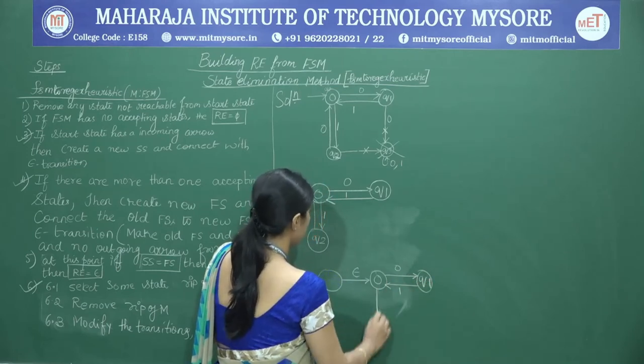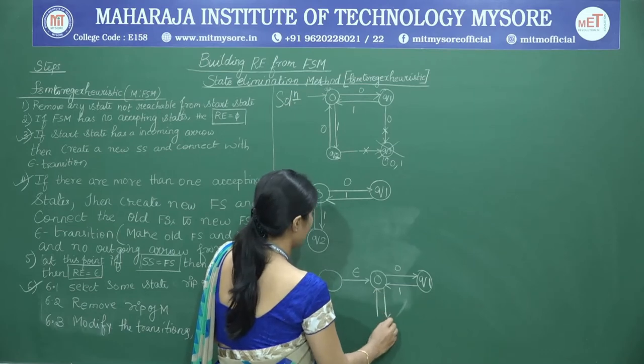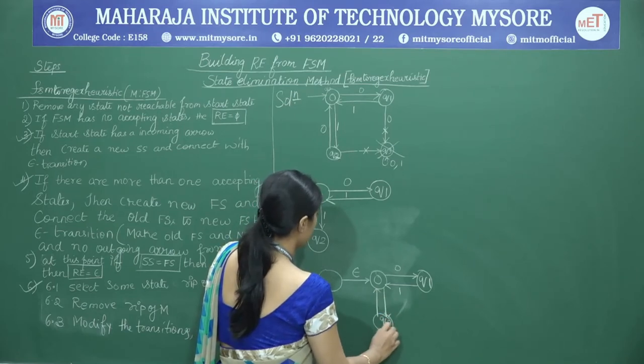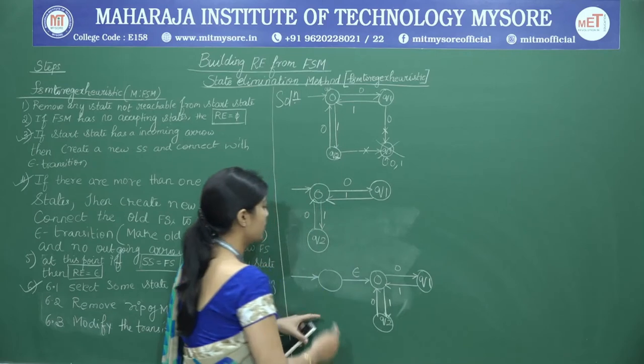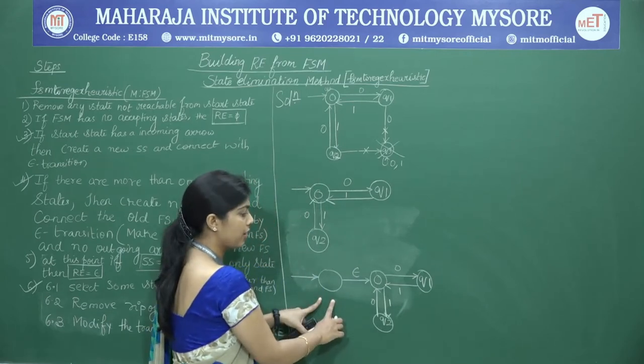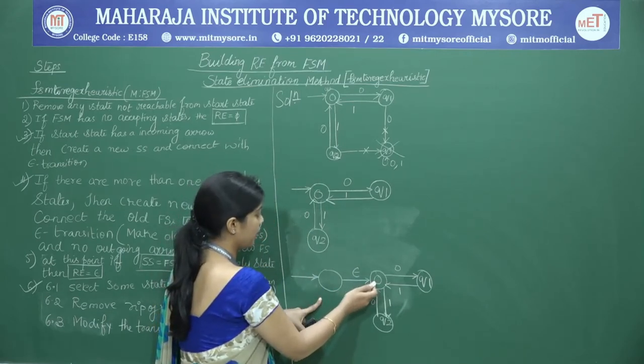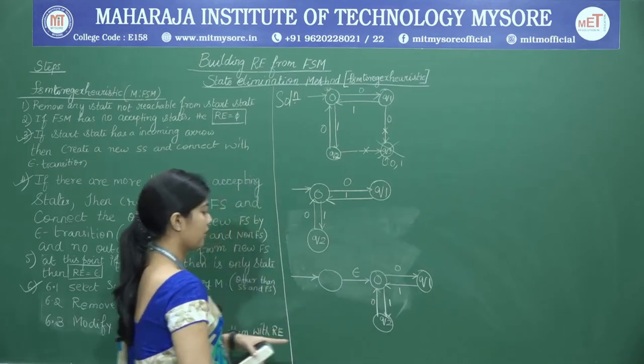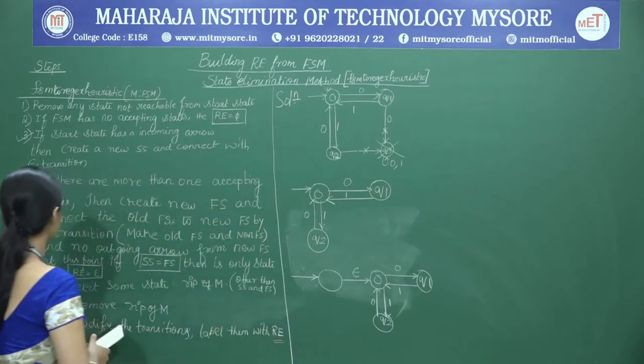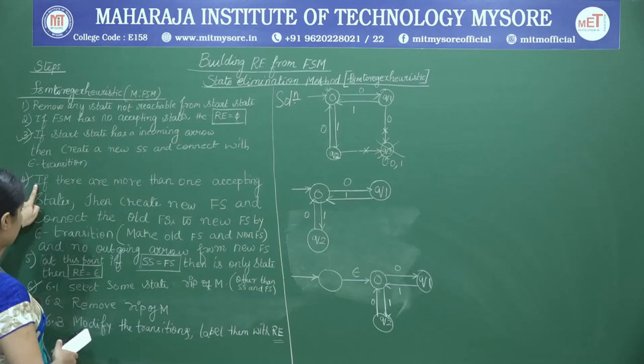This is Q1 and this is Q2, with 0 and 1. This is the new start state that we have connected to the entire automata via the epsilon transition.